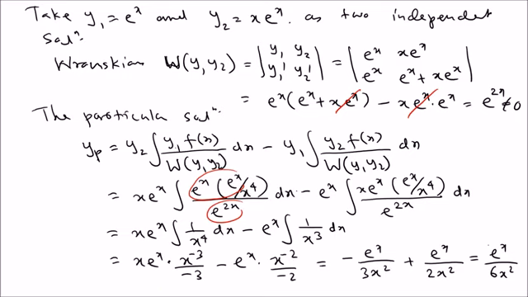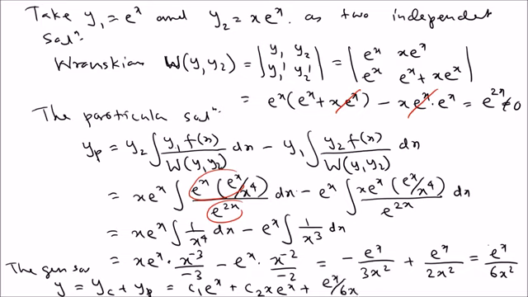Now you write the general solution: y equals the sum of the two, y_c plus y_p. y_c is c1 e^x plus c2 x e^x, plus e^x over 6x squared.